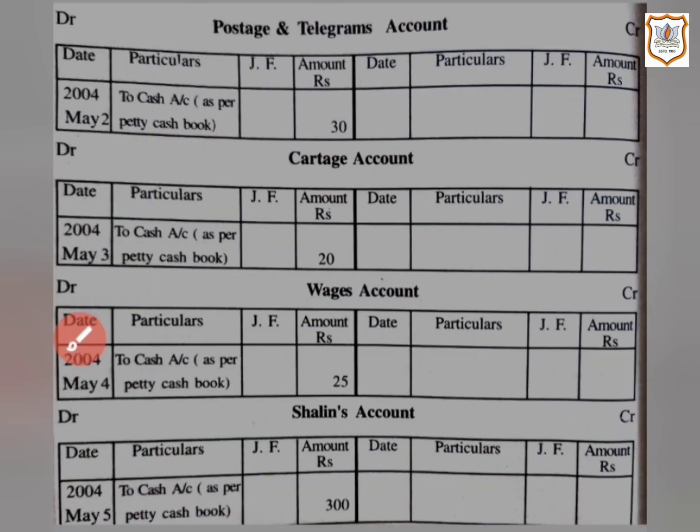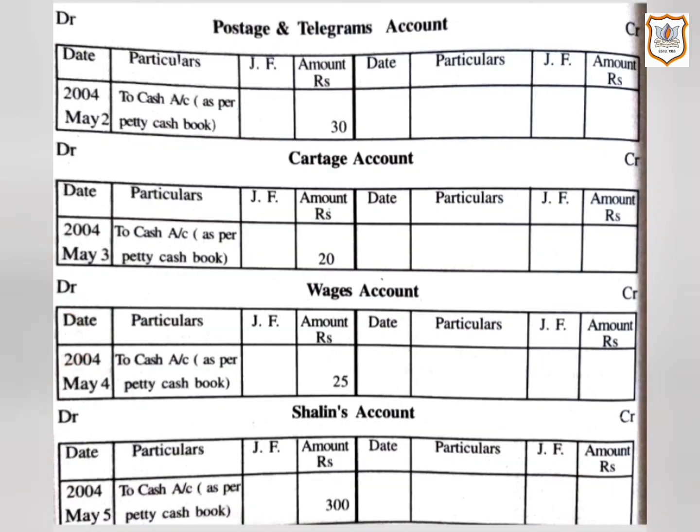Now in particular column we will write to cash account, as you can see here, as these expenses have been made by paying cash. So here in particular column we will write to cash account in all three accounts.